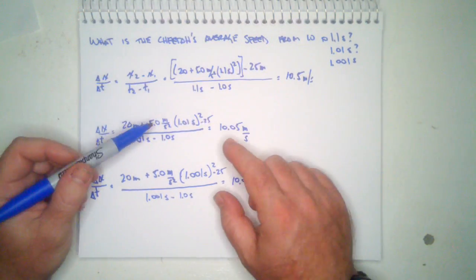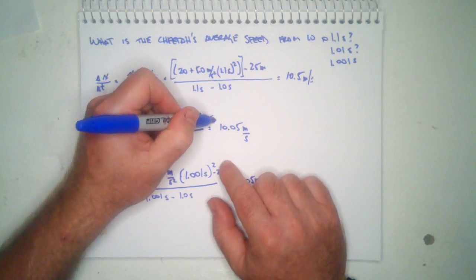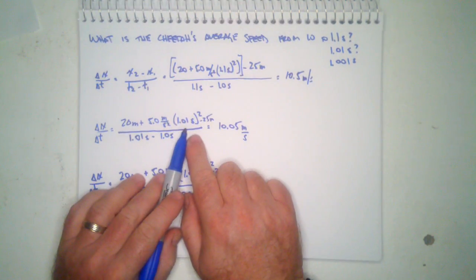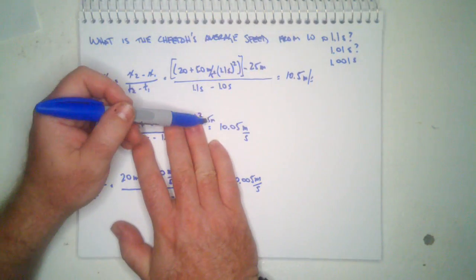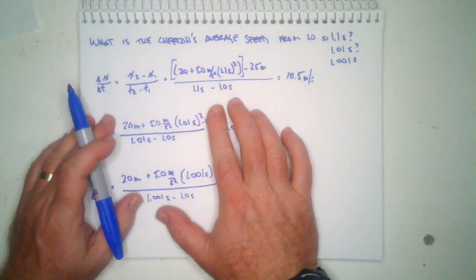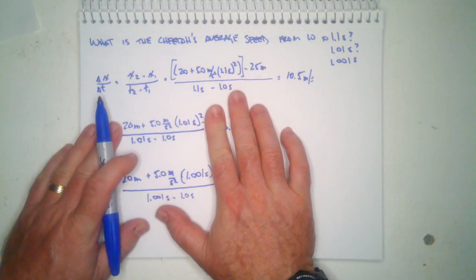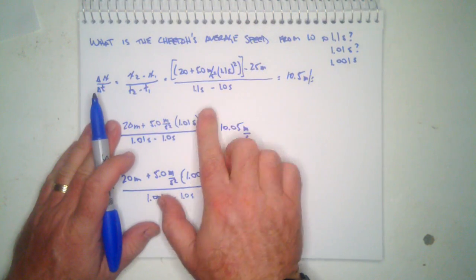Now we go ahead and repeat this exercise with 1.01 seconds. So here becomes t2. 25 meters is still x1. x2 is this expression with 1.01 seconds plugged in there.